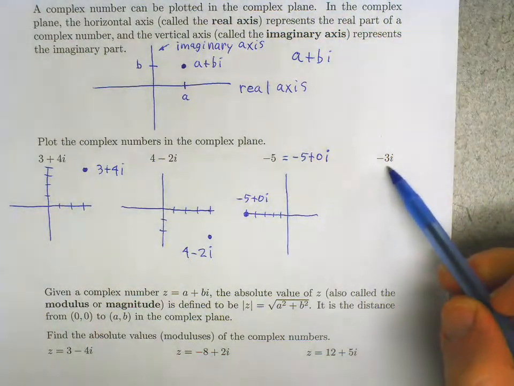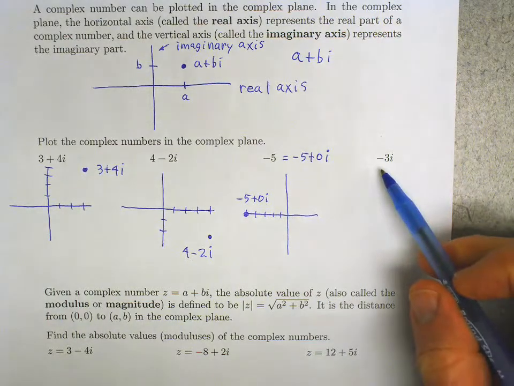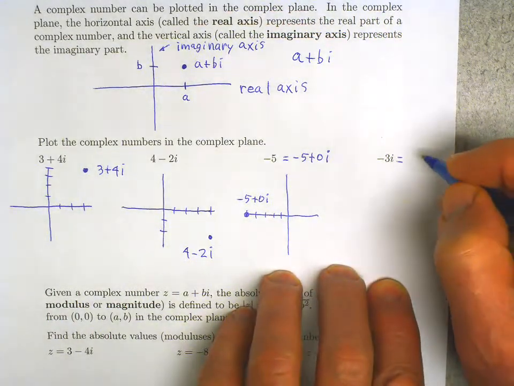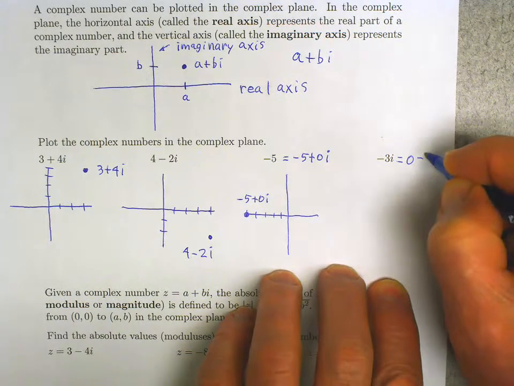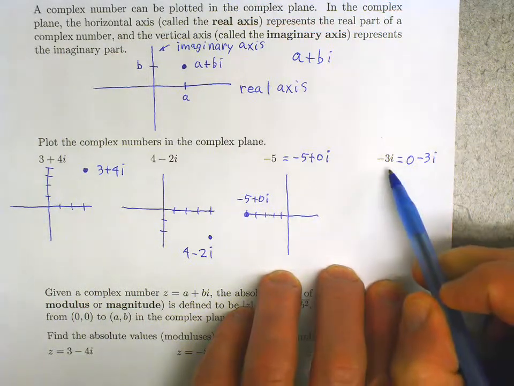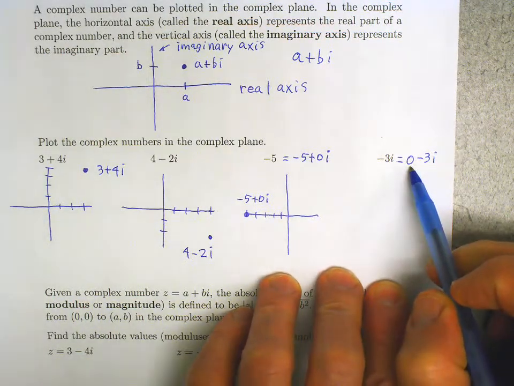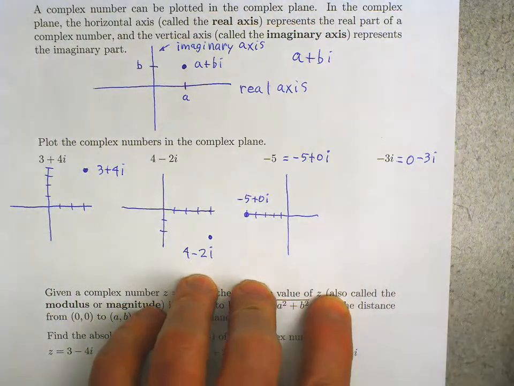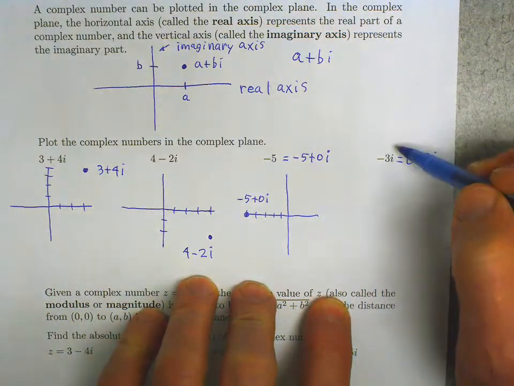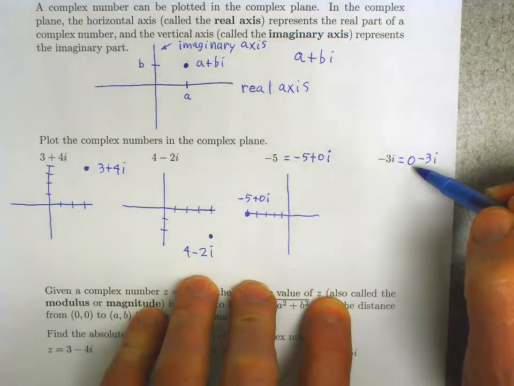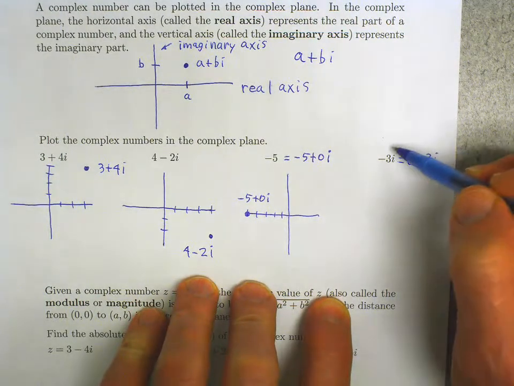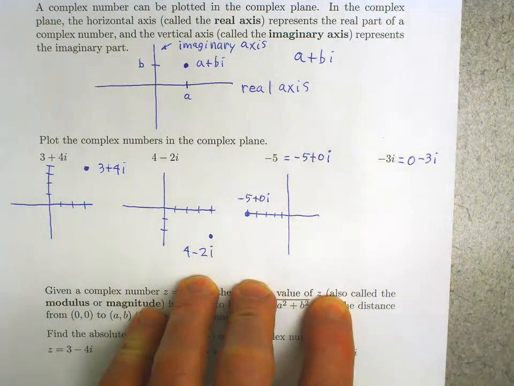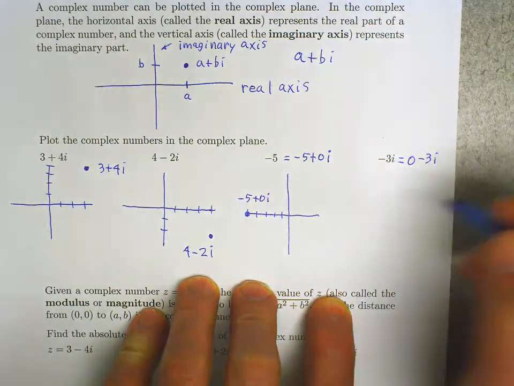And then negative 3i. This is equivalent to 0 minus 3i. So this number has a 0 real part. Sometimes when the real part is 0, the complex numbers are called purely imaginary.